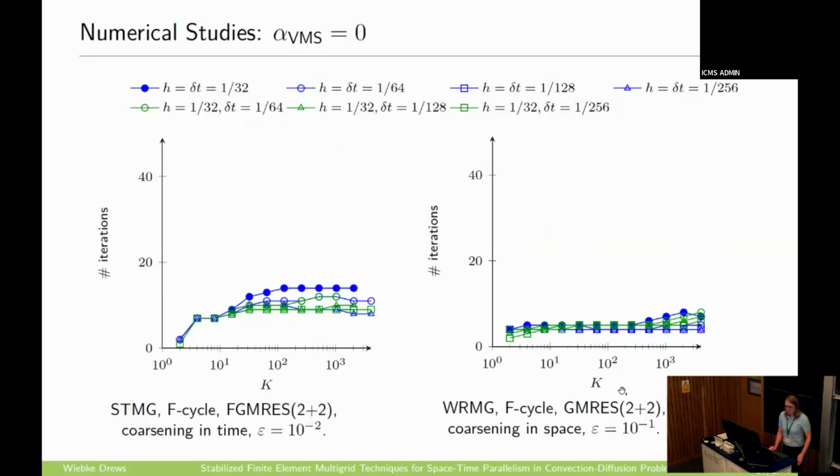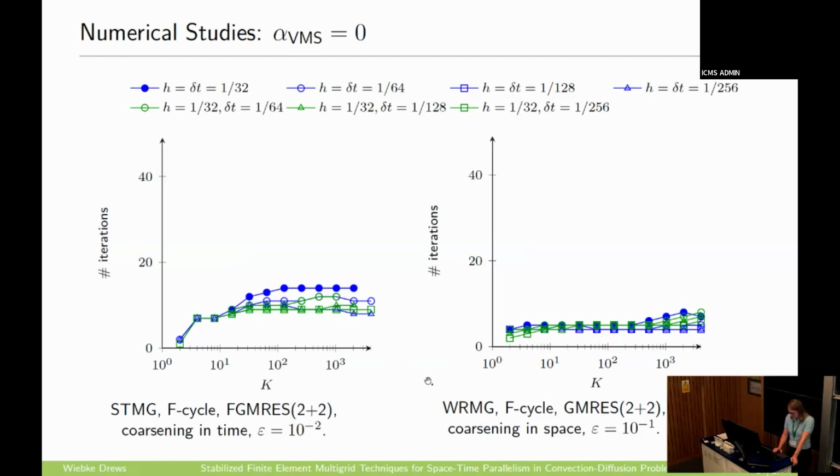So, first numerical studies without stabilization for diffusion coefficient epsilon to the power of -2 for this time multigrid. We have the number of iterations here, and we look at some different numbers of time steps, and we see that we get a really low number of iterations, and this looks really good also for multigrid waveform relaxation.